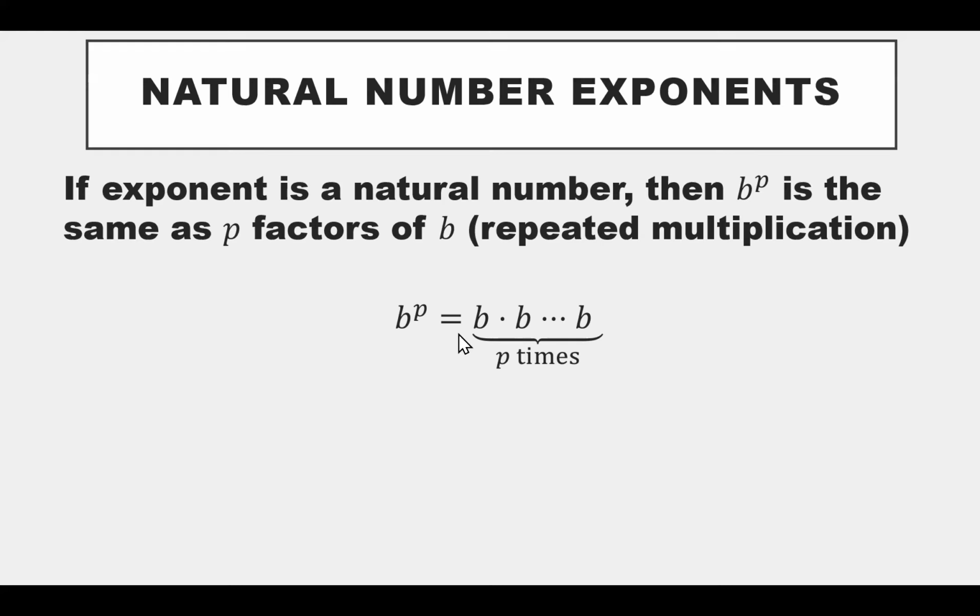B to the third power is b multiplied times itself 3 times. So if we have a natural number, then b to the p power, or b to the exponent of p, means I have p factors of b multiplied times each other. So it's the same thing as repeated multiplication when I have a natural number as the power.